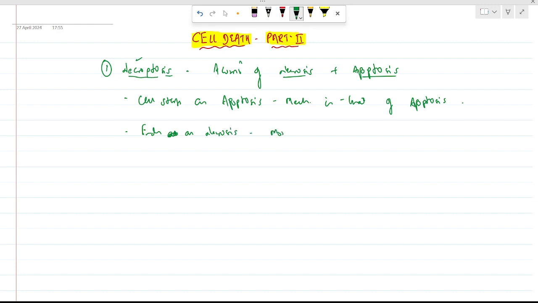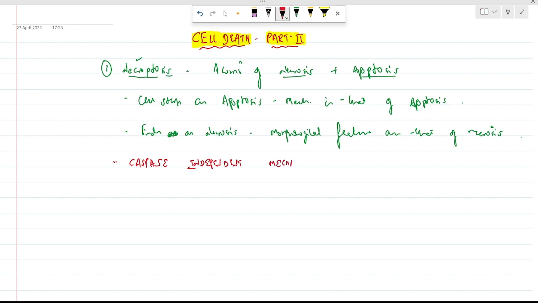That is, the morphological features are that of necrosis. Important point here to remember, this is a caspase independent mechanism, and this is also called programmed necrosis.